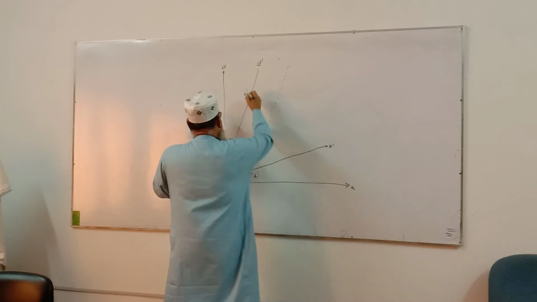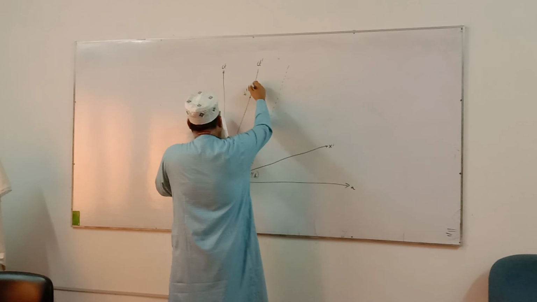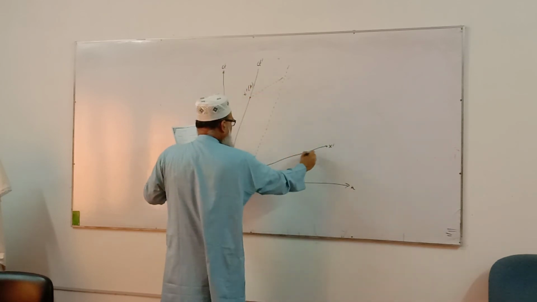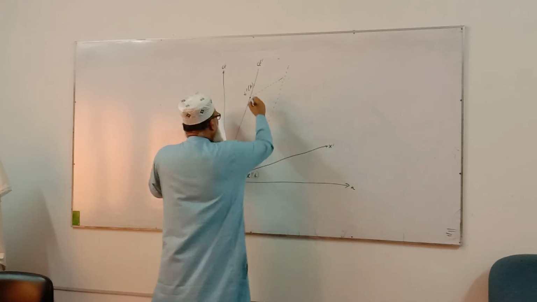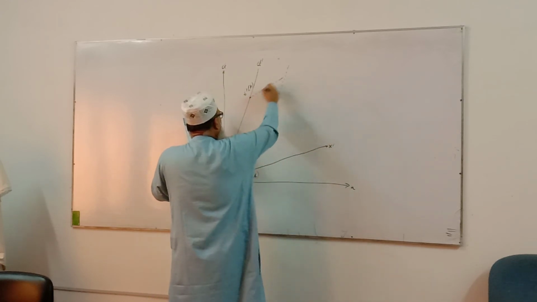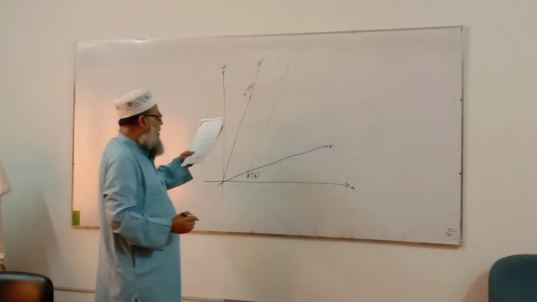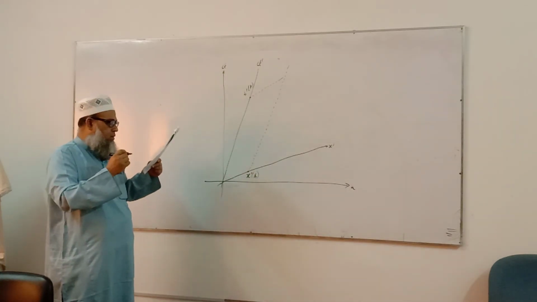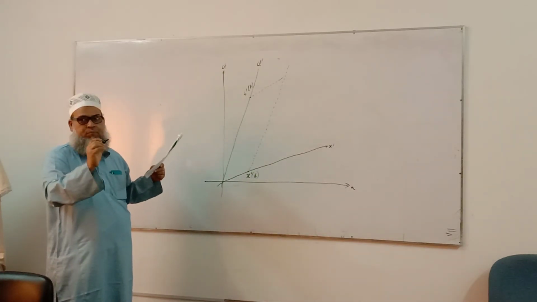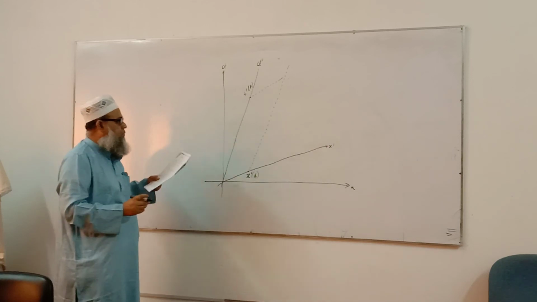This is x prime, t prime of A. Draw a parallel to this line. What is here? This is t prime. This x prime is the same.